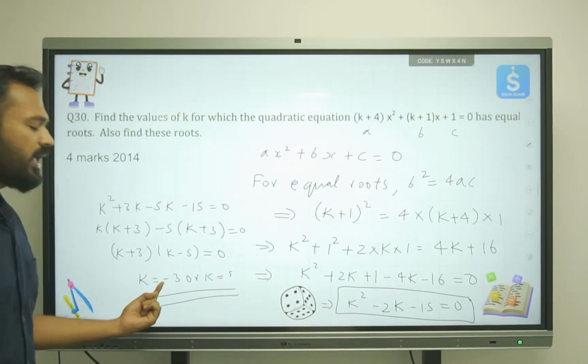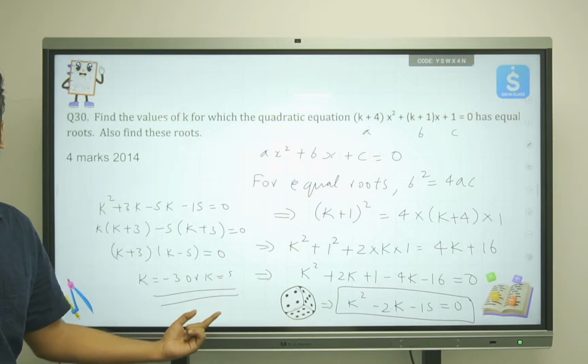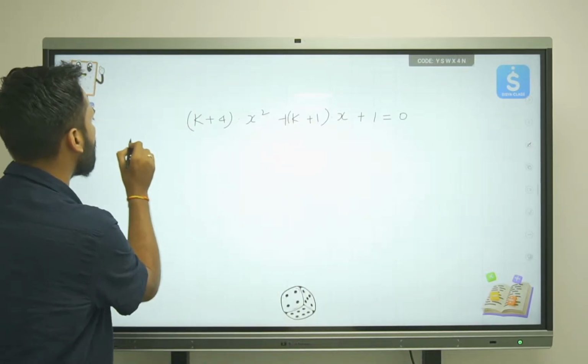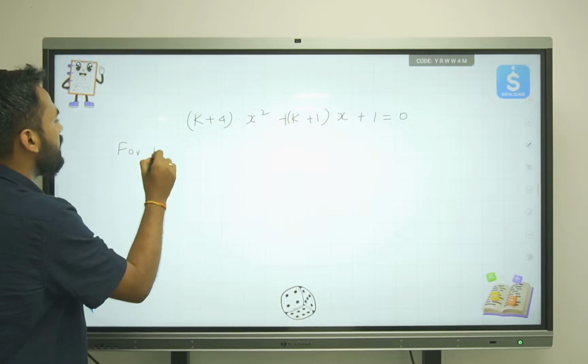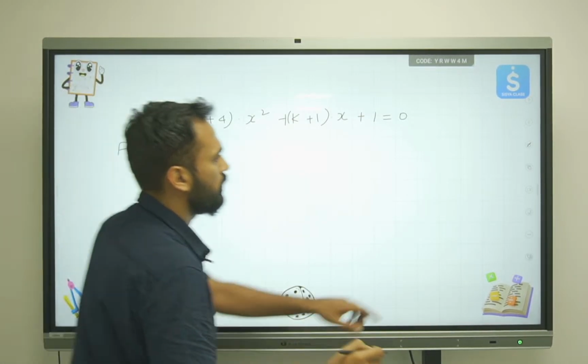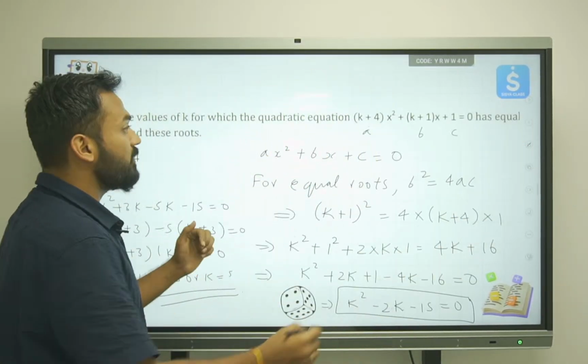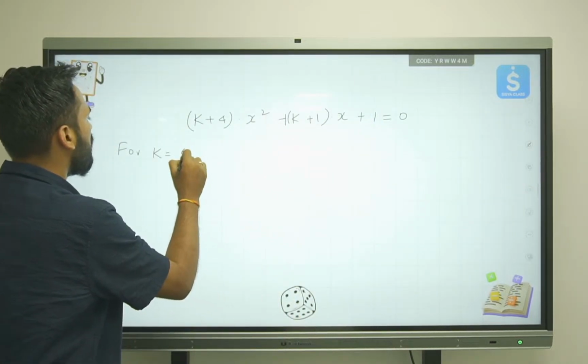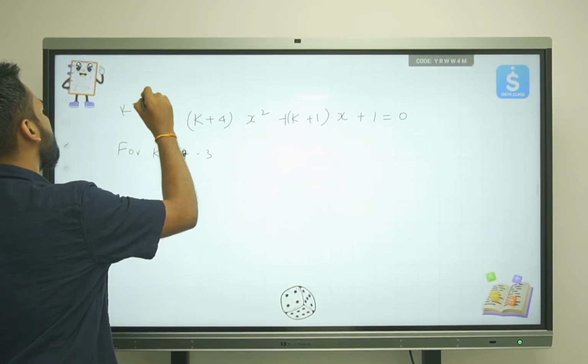Let's first put k equals to minus 3, then put k equal to 5, and then find out the roots for the two values of k. For k equal to minus 3, let me write it over here, then the other value is 5.